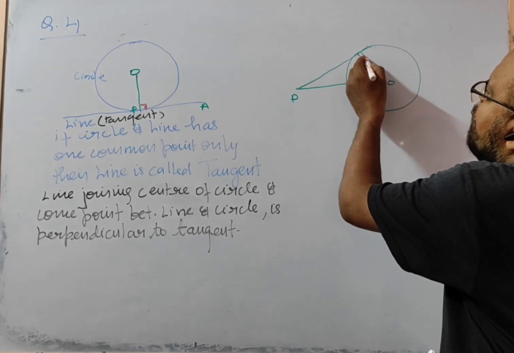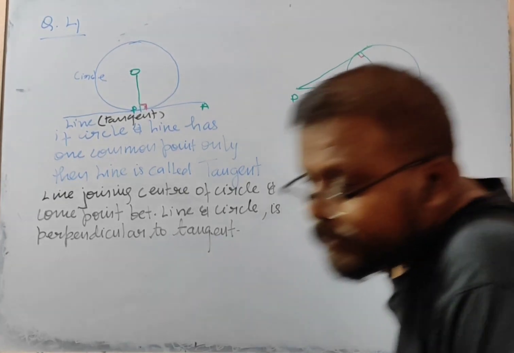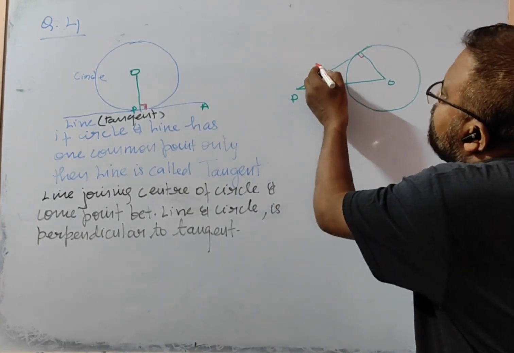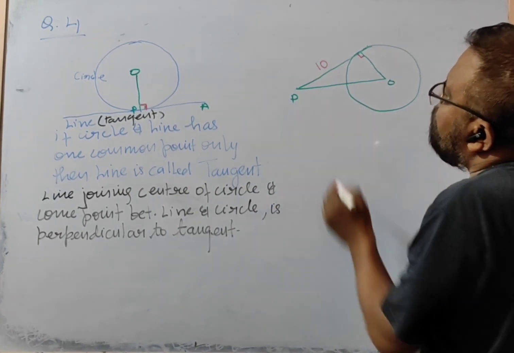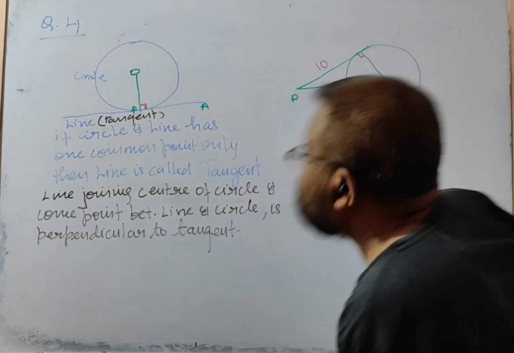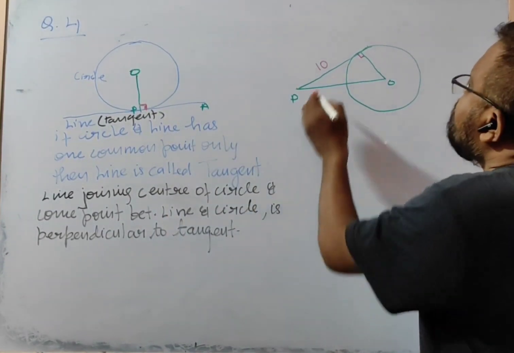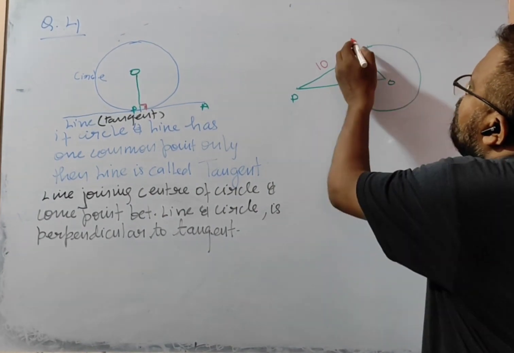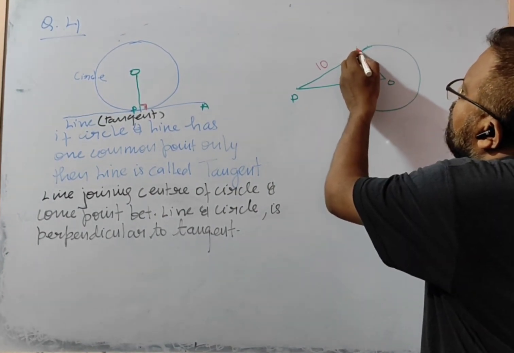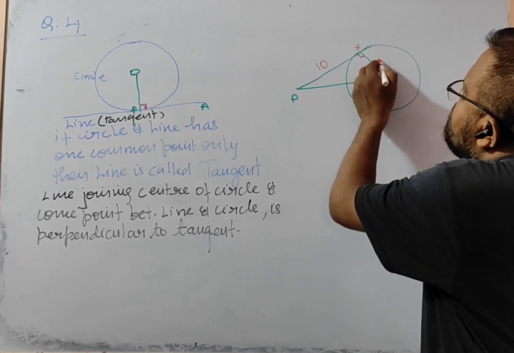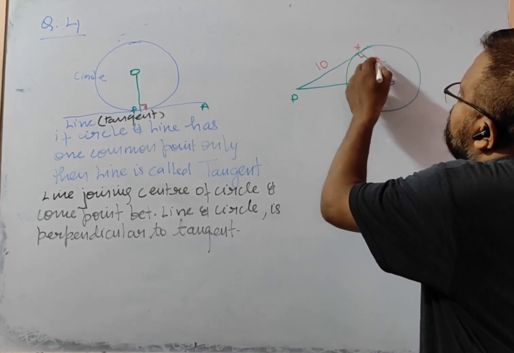The length of the tangent is given as 10 units, and this we call OP, say A, and OA is 5 units, right?